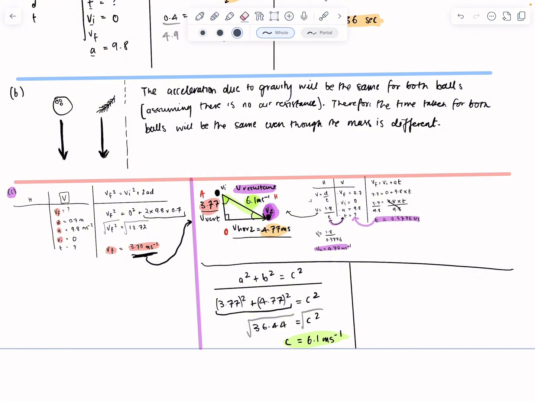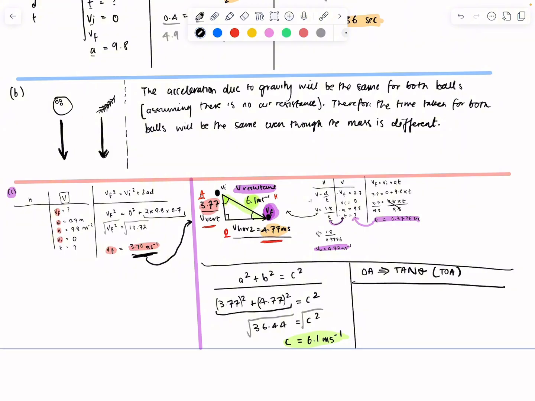So I'm going to use the values that I've already been given or calculated prior, okay? So 3.77 and 4.77. And so O and A are the things that we're concerned with. So if we're using O and A, the trig function that we'll be using is tan theta, okay? AKA toa, from soh cah toa.